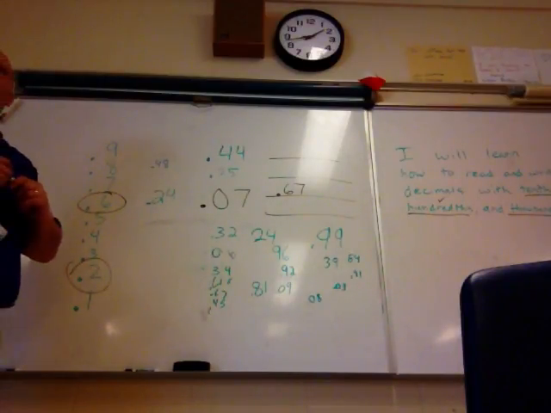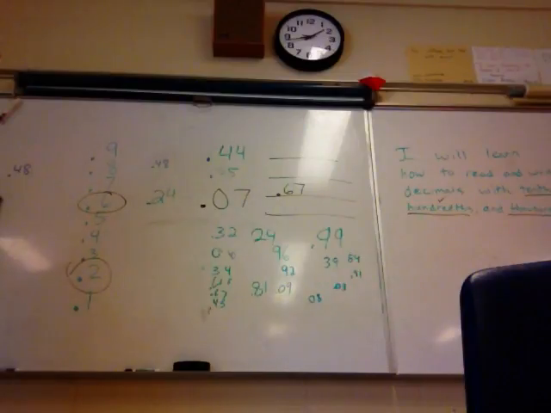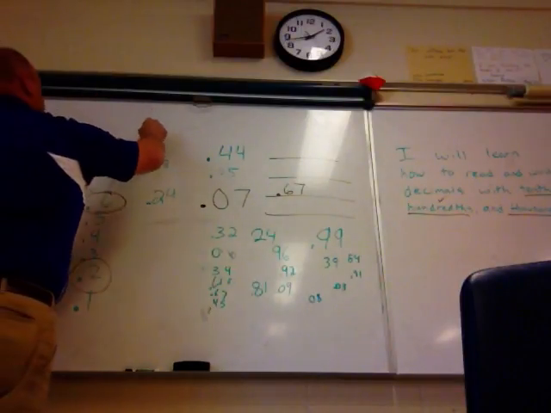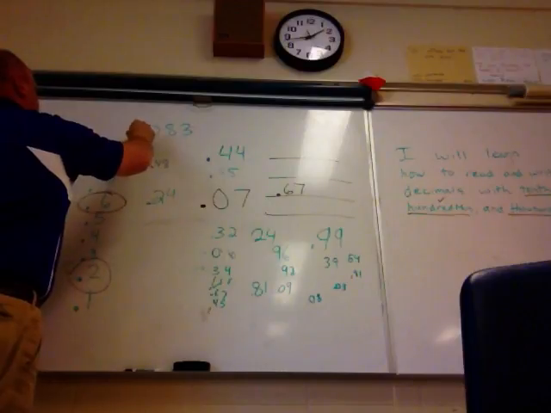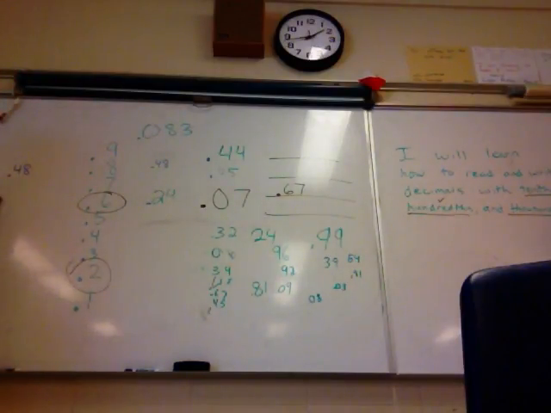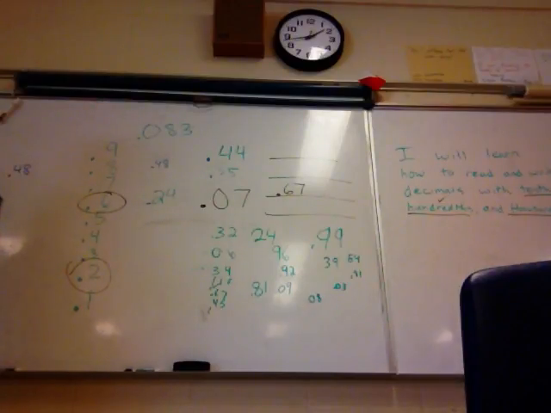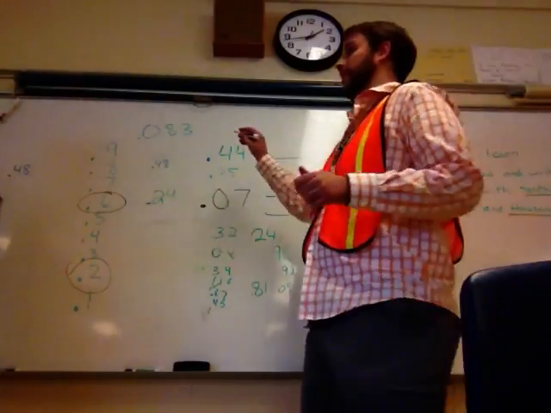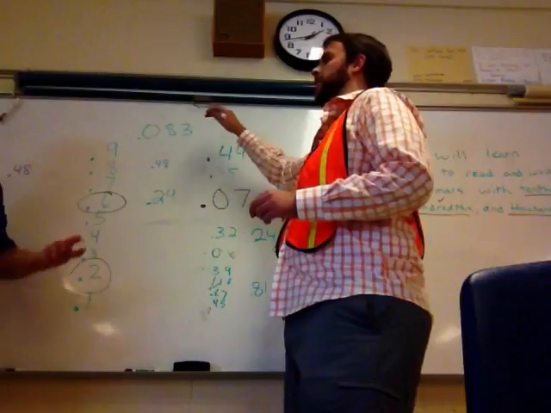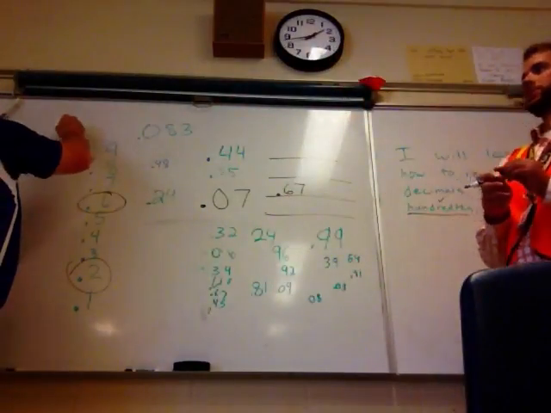Now guess what? How many digits are we going to have in a decimal that has thousandths? Three. So here's my question. Is that 3 digits? Yeah, the 0 counts as a digit. The value doesn't change.